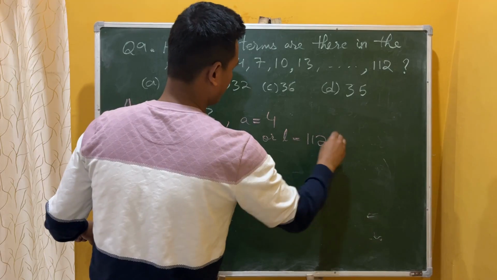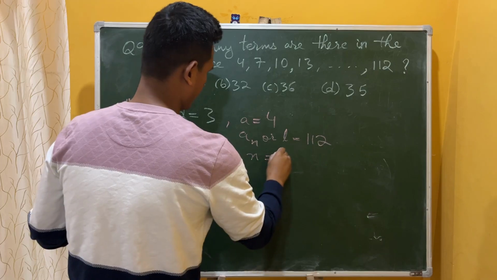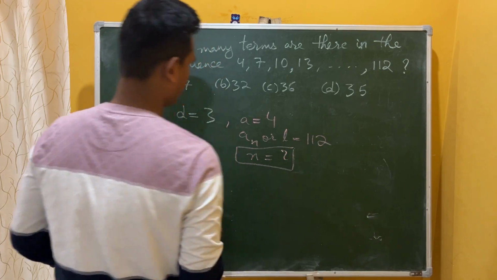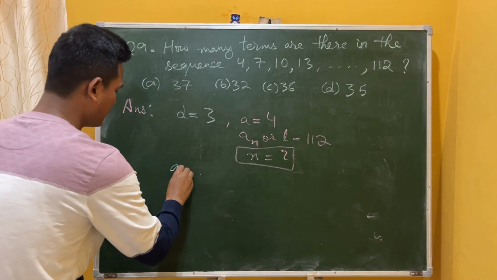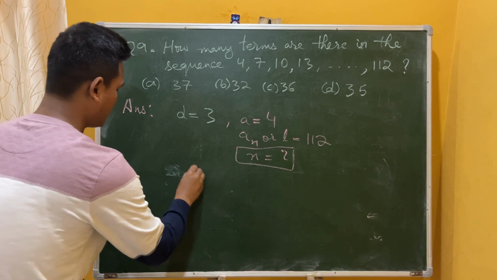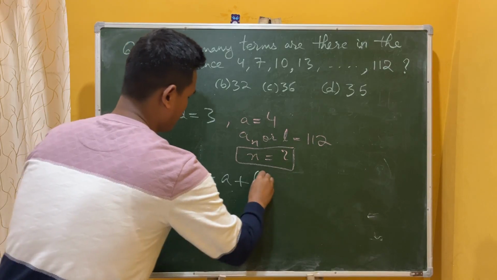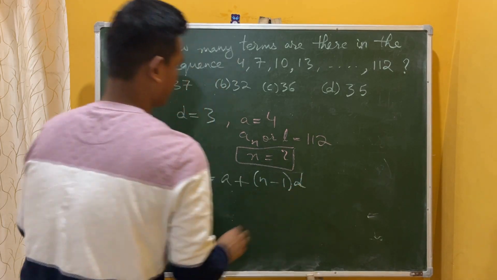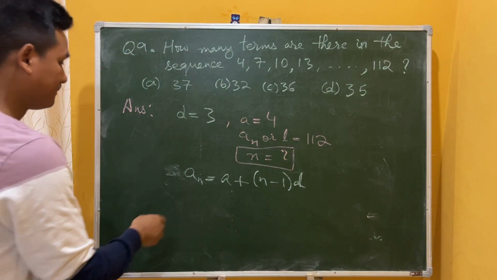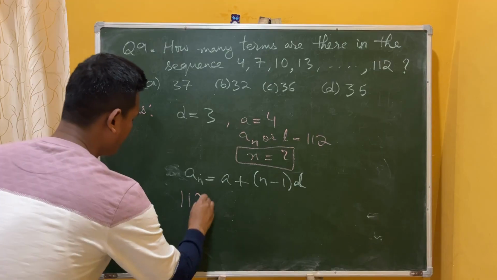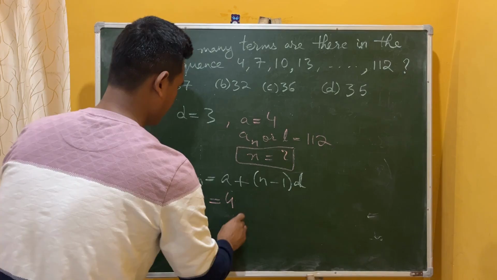is 112. What do we have to find? We'll have to find n. How much is n? So the formula for finding n: the last term is given by an. Let's substitute the values. Last term is 112. Your a is 4.